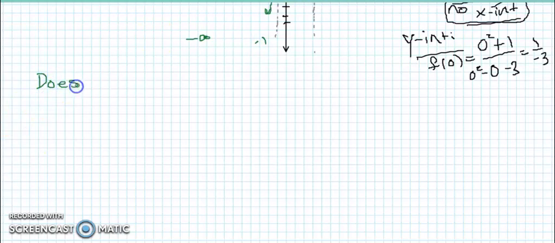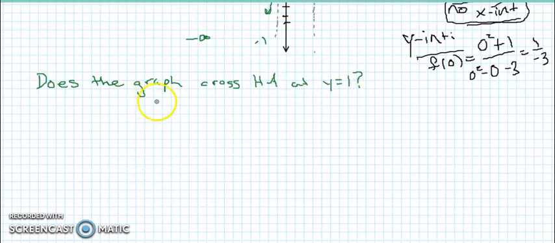A graph can never cross its vertical asymptote, but it can cross its horizontal asymptote. So does the graph cross the horizontal asymptote at y equals 1? That's the question. To determine whether or not it crosses the horizontal asymptote, take your function and set it equal to the expression for your horizontal asymptote.